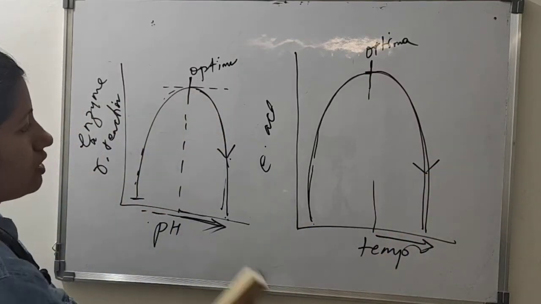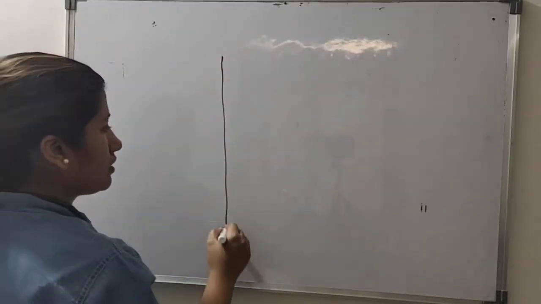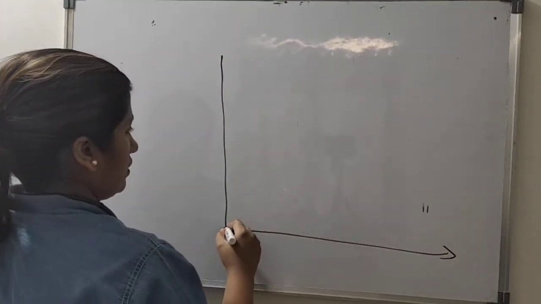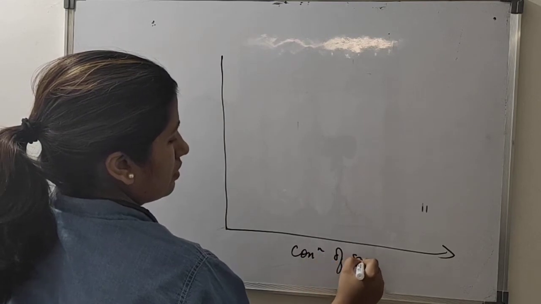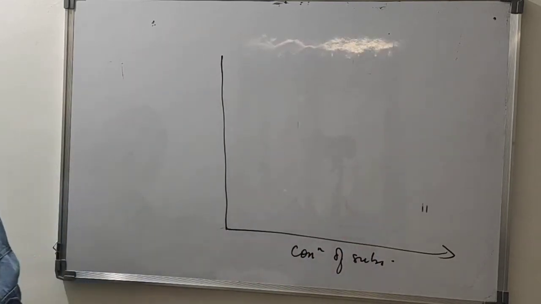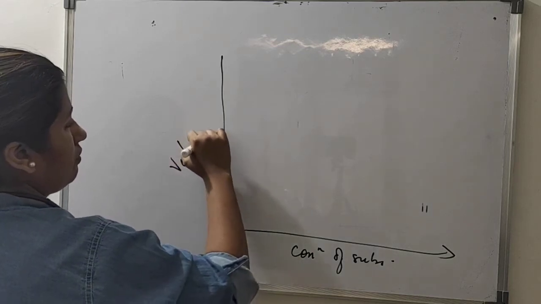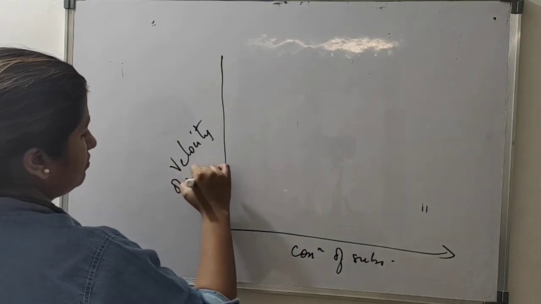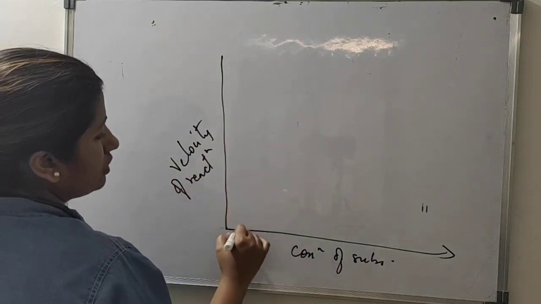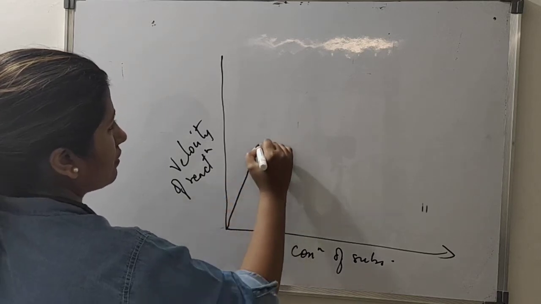And for the concentration of substrate, you can see the graph. This is the concentration of substrate and the enzyme activity or velocity of reaction. If you increase the concentration of substrate, the velocity of the reaction also will increase.